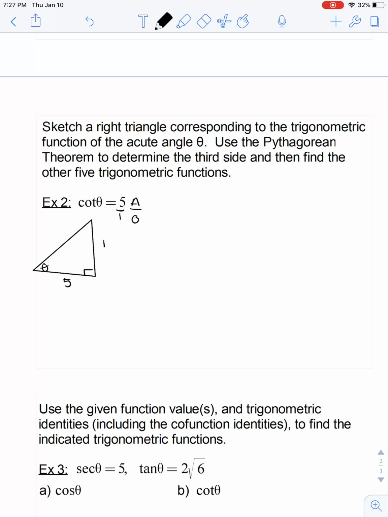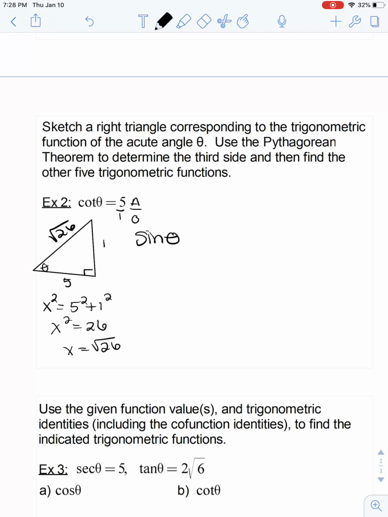So we have to do the Pythagorean theorem. So we don't know the hypotenuse here. So I'm going to say x squared equals 5 squared plus 1 squared. So that's going to be 25 plus 1, so that's 26. So the hypotenuse is going to be square root 26. All right, so let's look at the trig functions.